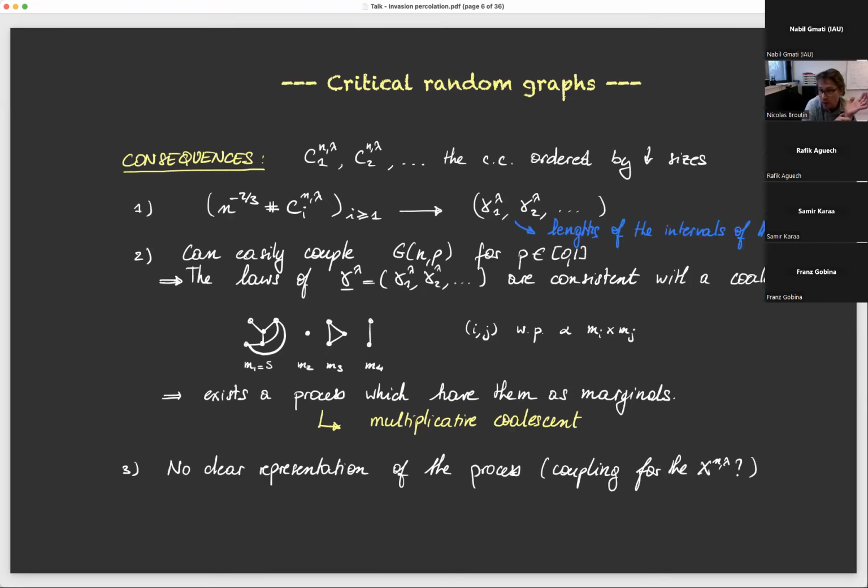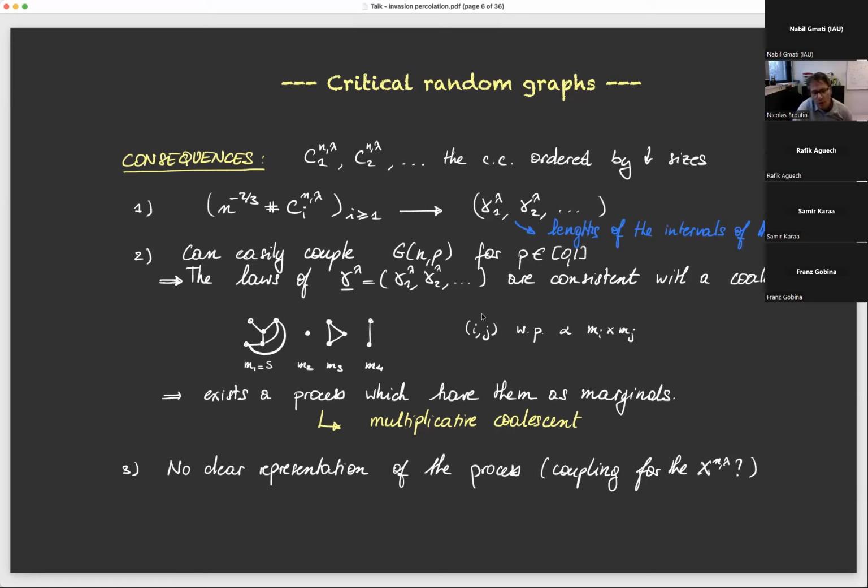But the number of potential edges between them is exactly the product of their sizes. So that means you have a coalescence that is multiplicative in this sense: the rate to merge two connected components is proportional to the product of the sizes. And so Aldous used this to prove that there exists a limit coalescent process that has these dynamics.